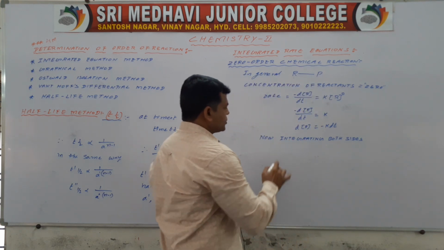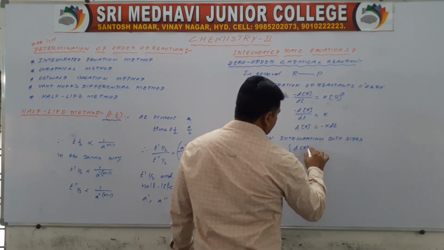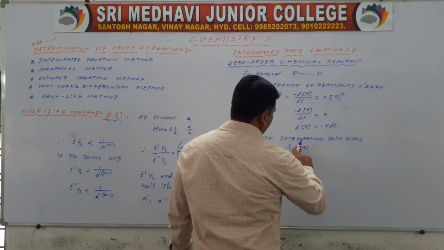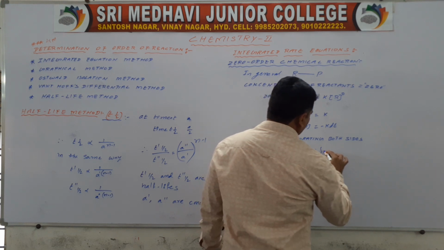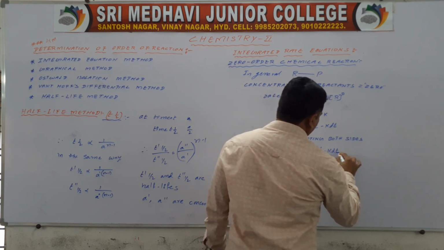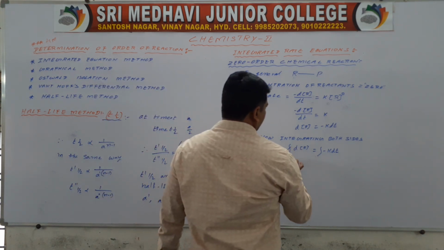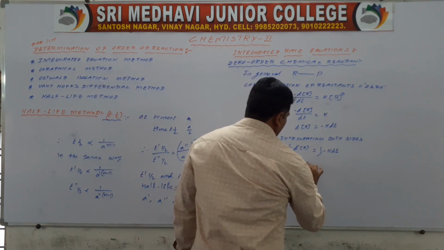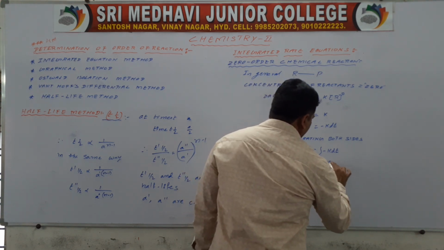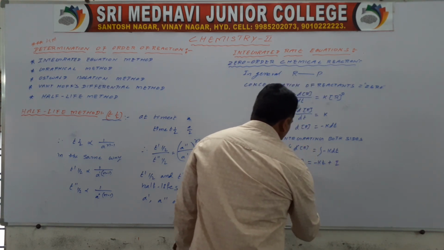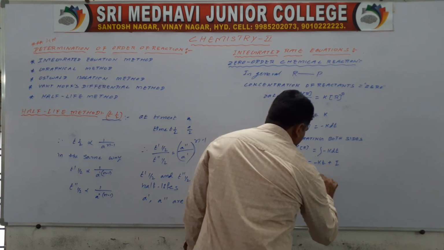The integration symbol is like this: integral of d[R] equals integral of minus k dt. Integration and differentiation cancel, so [R] equals minus kt plus I, where I is the integration constant.